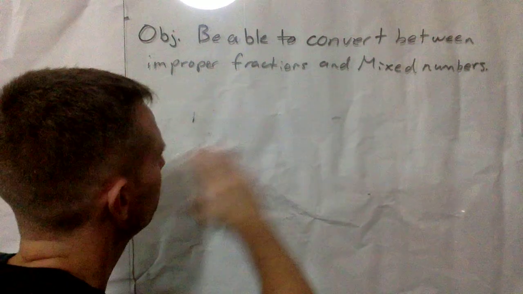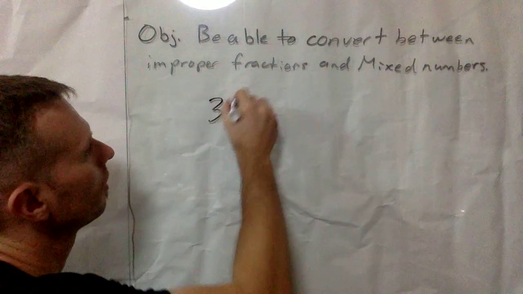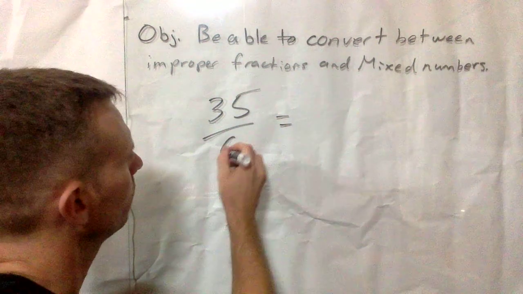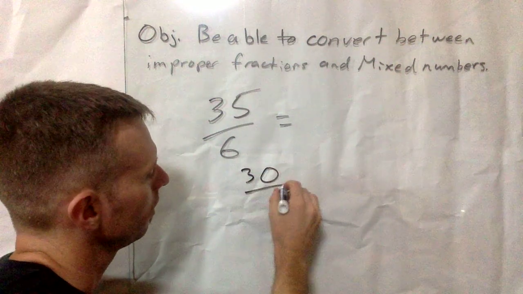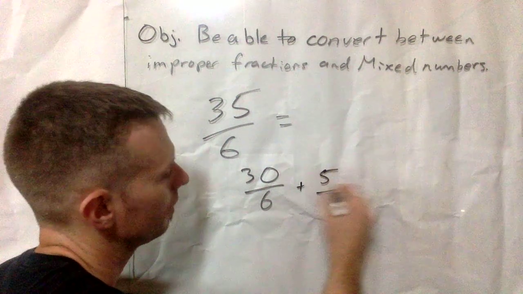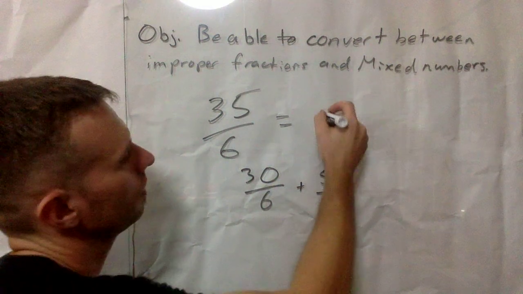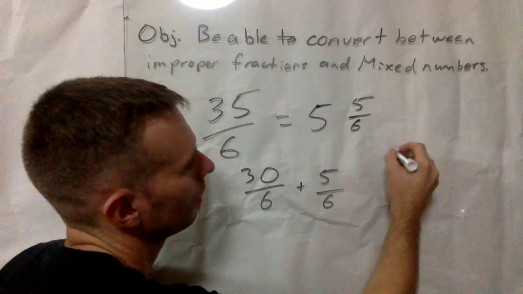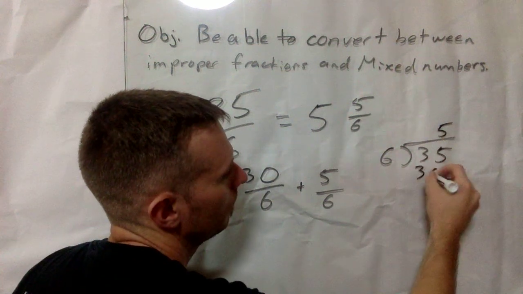Okay, last example, going from an improper fraction to a mixed number. How many times does 6 go into 30 evenly? 30 over 6 is a nice even 5, and you have 5/6 remaining. 30 divided by 6 is 5. 6 goes into 35 five times.